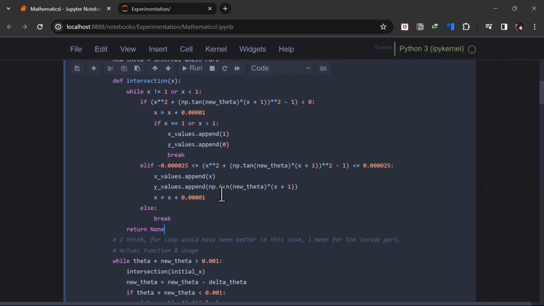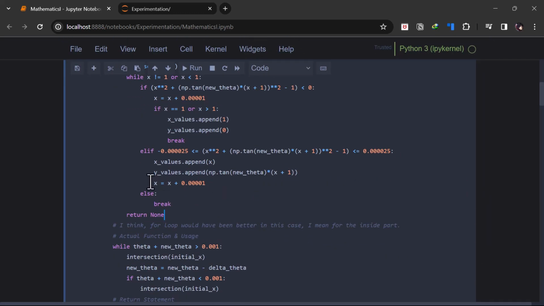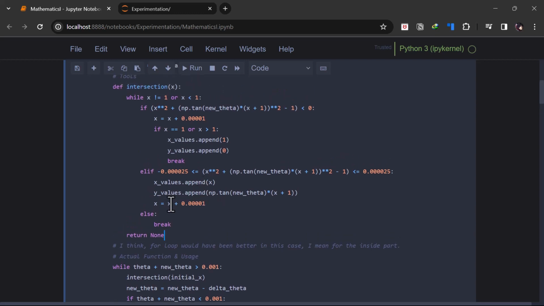Okay, and here we are making another incrementation. So again, this will be checked, if the incrementation value has gotten greater than 1 or not. If it is, then obviously the loop will be broken.